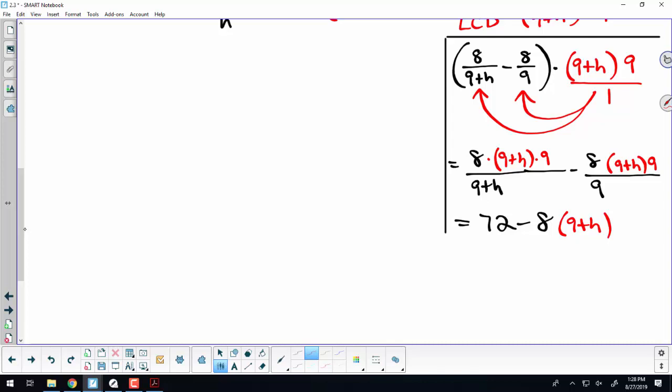If you wanted to just subtract those two things from each other, you've got a pretty similar process. Let's see if this will simplify further. We've got 72 minus 8 times 9, which is 72, minus 8 times 8h. So it looks like it simplifies to just minus 8h.